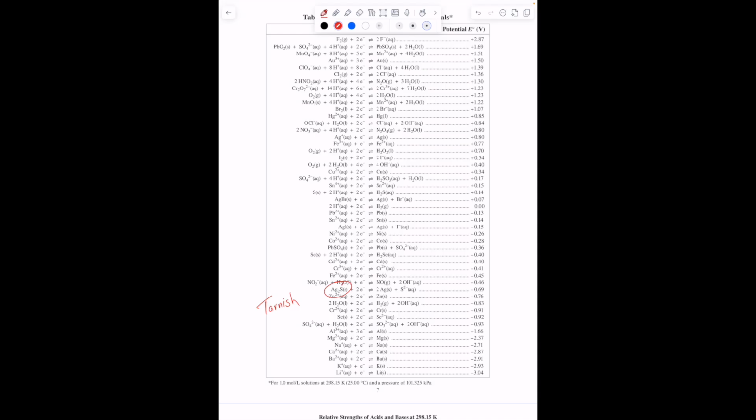Hydroxide. Where is hydroxide? There's one there, but we don't have Cl negative present. Oh, there it is. Let's go back right there. So this is electrolysis, so it's a non-spontaneous reaction. That's our OA. That's our RA.